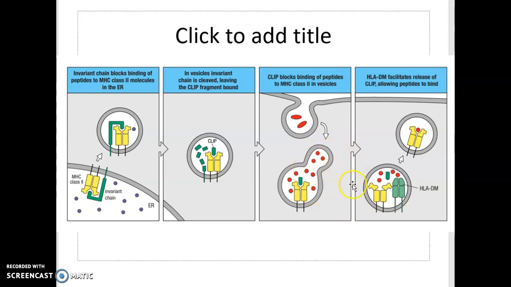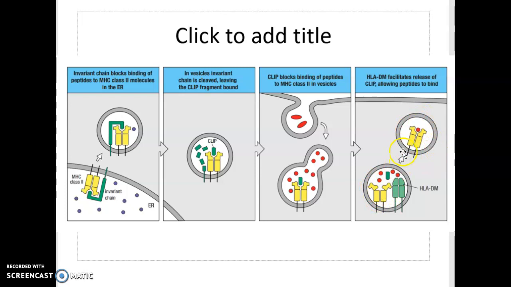But pretend it's a phagolysosome that contains our peptides that were produced in the slide before, and also we have our MHC class 2 molecule, which is currently still being blocked by CLIP. Within this vesicle, there is something called HLA-DM, and this is basically going to help to remove the CLIP and therefore allow loading of the actual peptides from the exogenous antigen from our extracellular pathogen.